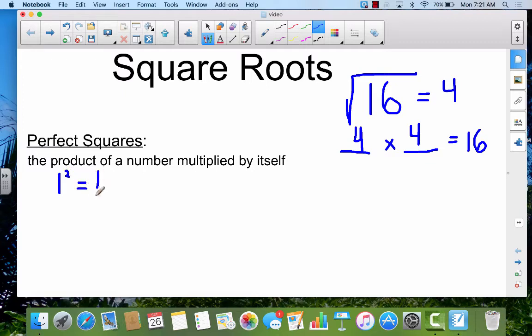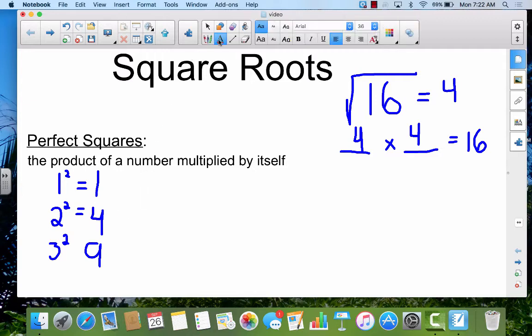So that is a perfect square. 2 squared, or 2 times 2, is 4, so 4 is a perfect square. 3 squared, or 3 times 3, is 9, so that is a perfect square. And I can keep going with this forever pretty much.